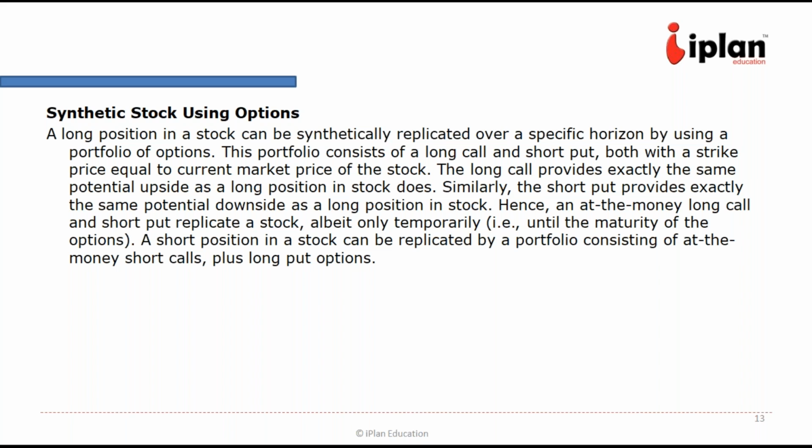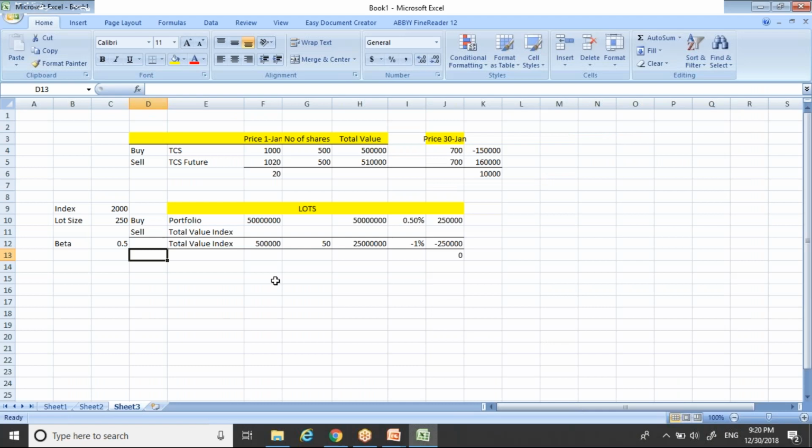You have to remove some stocks from your holding, or you might have to buy or sell more index futures, because the beta might be changing every day and your portfolio might not be the same. So if you have taken this position and the beta has changed, this may affect the position, trust me. So you have to adjust the lots also. Let's suppose the beta has gone to 60, you need to increase the lot size to 60.